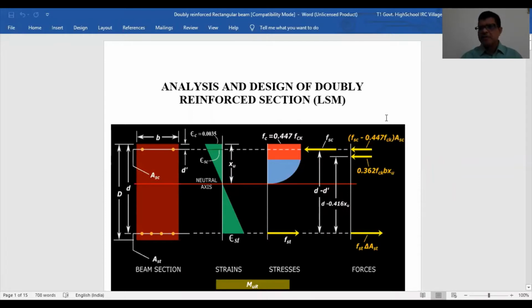Now, as you know, in case of singly reinforced sections, the moment of resistance is limited till xu is equal to xu maximum.